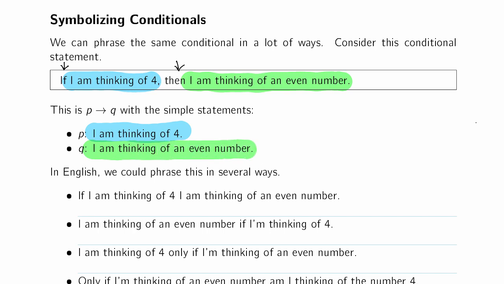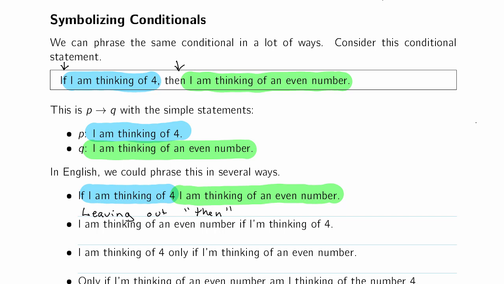There are lots of other ways we could phrase this in English. We could say, if I'm thinking of 4, I'm thinking of an even number. Okay, that's not a big deal. What did we do there? We left out the then. And at that point, you just kind of need to look at where the verbs are in order to figure out where the simple statements break.